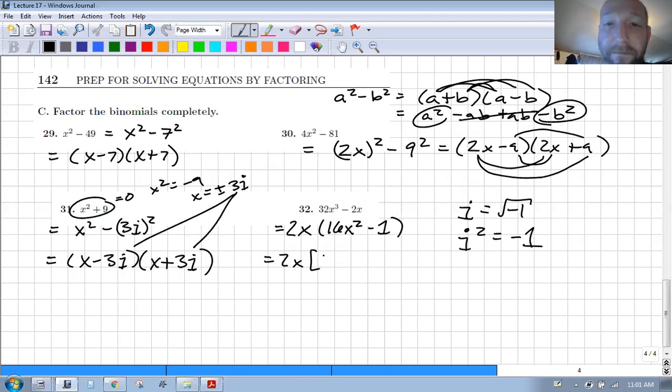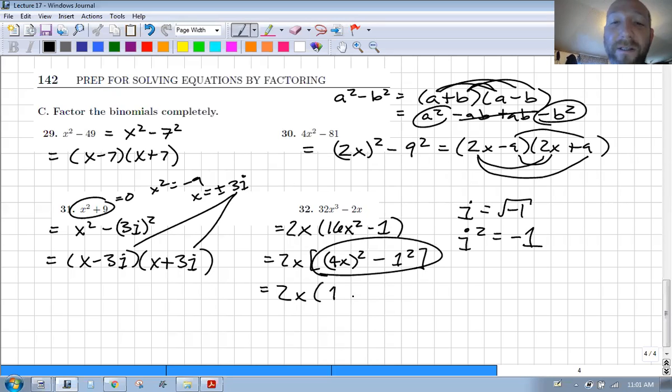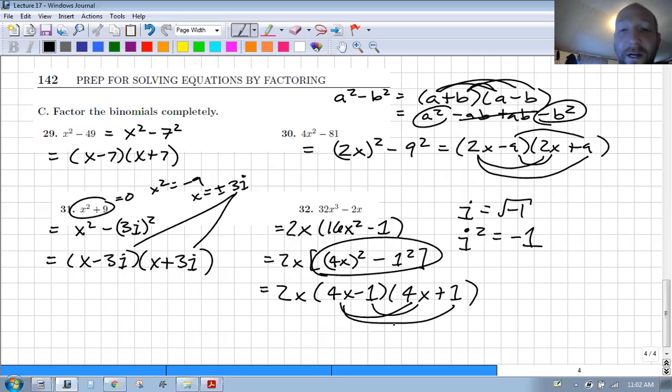This is 4x squared minus 1 squared. So we have the difference of two squares here. So this guy would be 4x minus 1 times 4x plus 1. Right? There's our 16x squared plus 4x minus 4x cancel out, and then our minus 1.